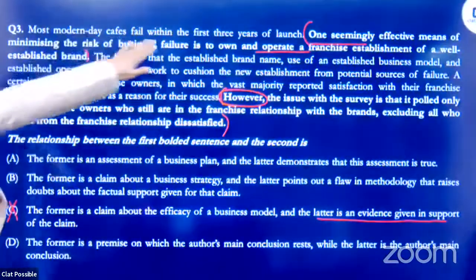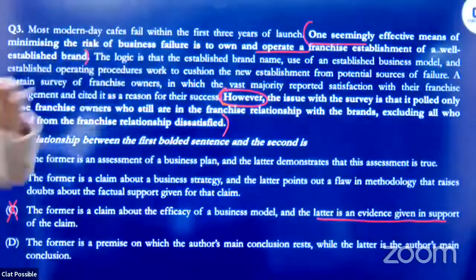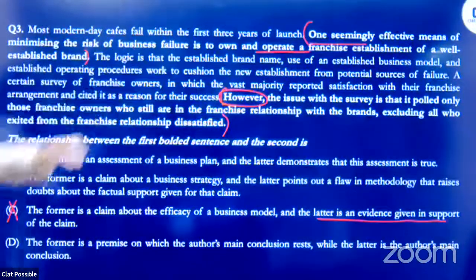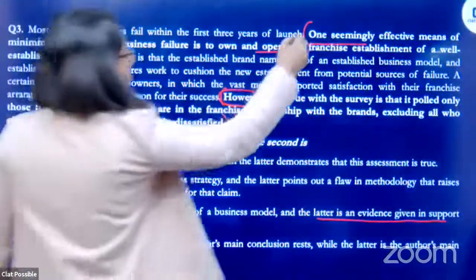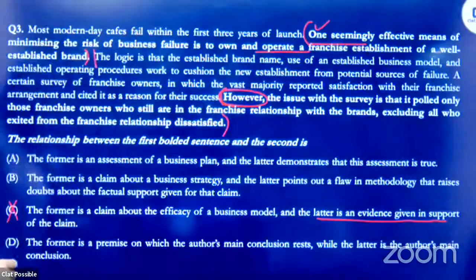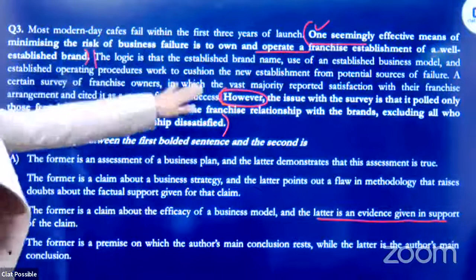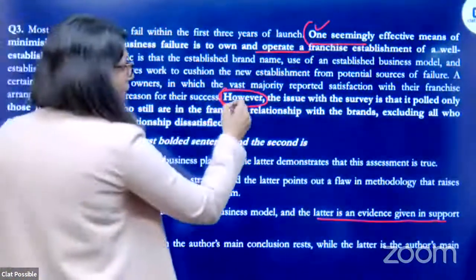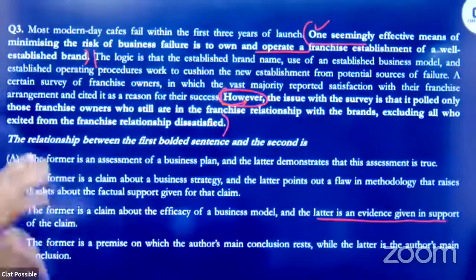We start by talking about how most modern day cafes fail within the first years of their launch. One effective method is to take a franchisee. So the author suggests this and gives support to it also in the non-boldface part. It gives support. But with however, it opposes it.